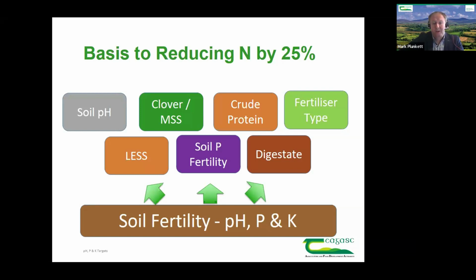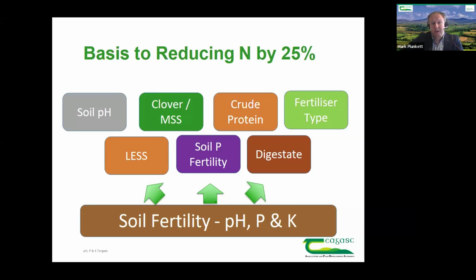Getting the basics right in terms of pH, P and K will drive everything that's above the line, whether it's low emission slurry spreading, reducing chemical nitrogen, fertilizer type in terms of switching our fertilizer formulation, or clover and multi-species. A key cornerstone, which Thomas McCarthy will tell us more about this morning, is that clover and multi-species have a major role in reducing chemical nitrogen usage on farm.